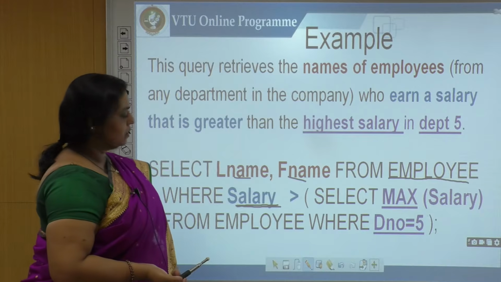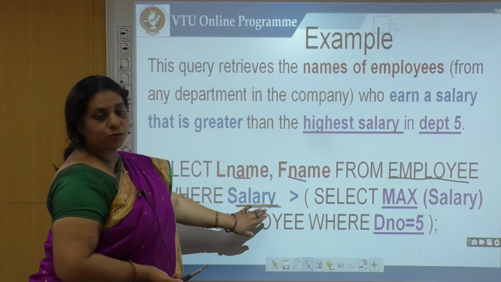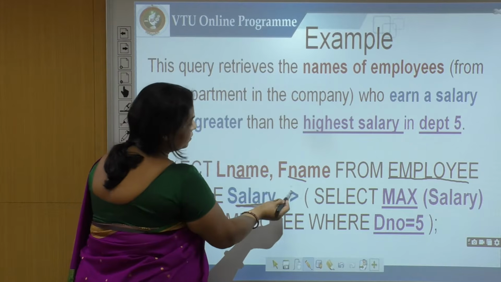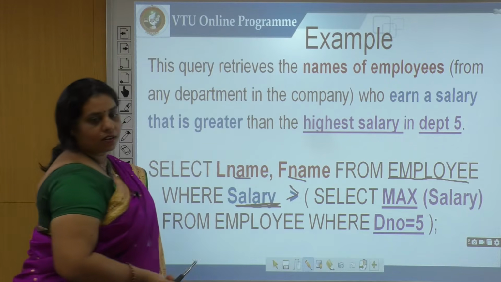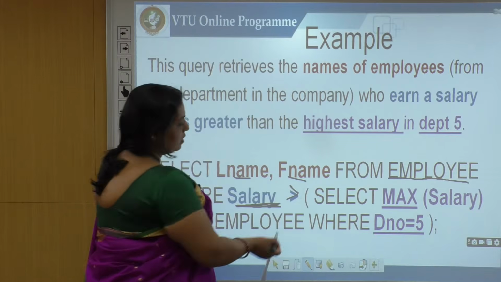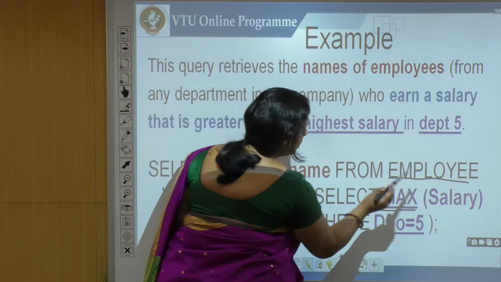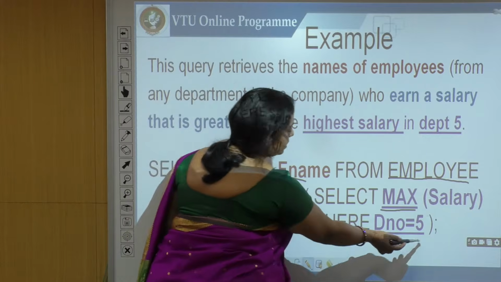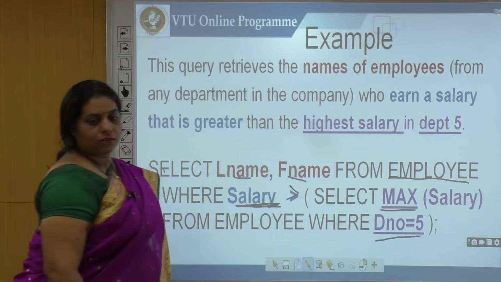But what is the constraint on the salary to be checked? What does it say? The salary has to be greater than the maximum salary paid to any employee of department number 5, right?